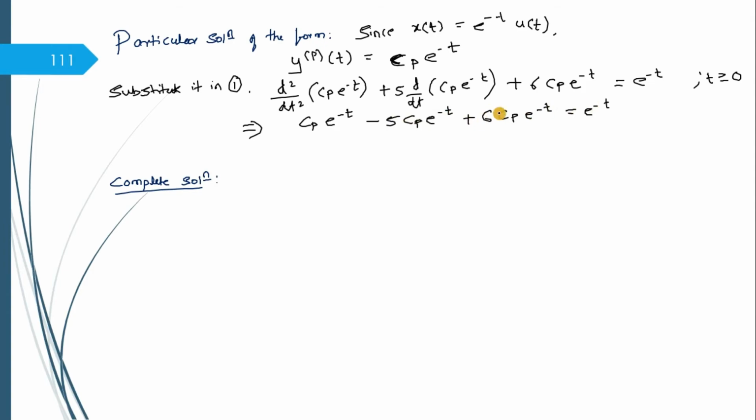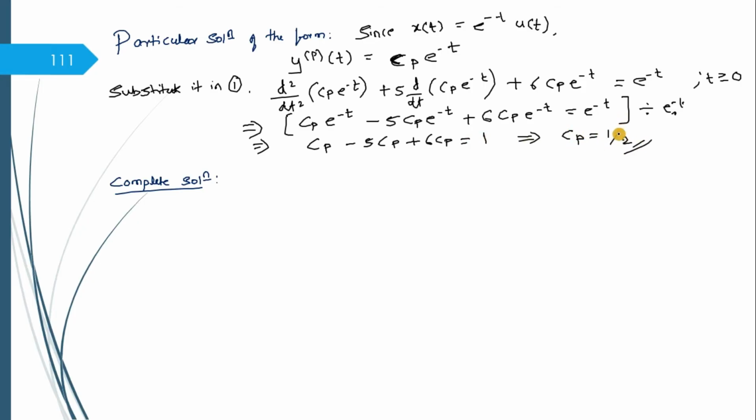Now dividing throughout by e raised to minus t, you get cp minus 5cp plus 6cp is equal to 1. So this gives Cp is equal to 1 by 2.